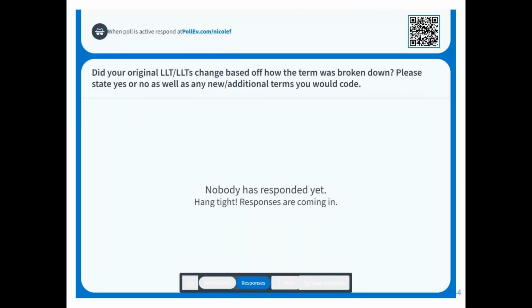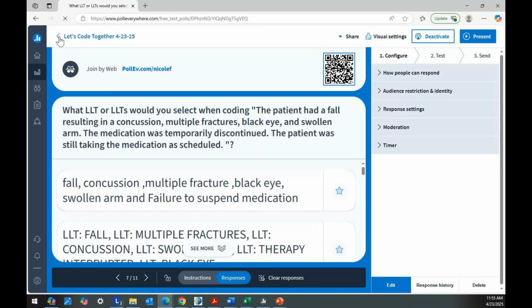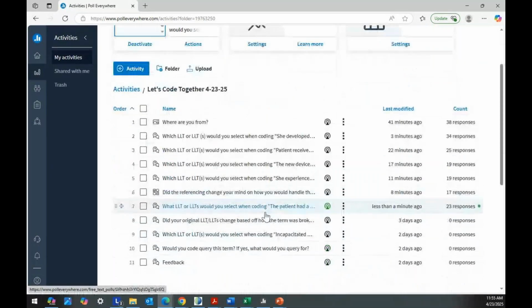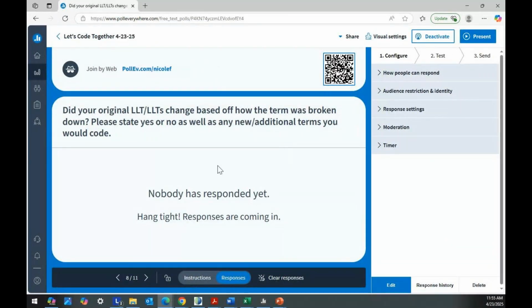So let's see. I'm going to open one more poll while we're still getting lots of good answers. That's great. Okay, so I would like to know, did your original LLTs change based off of how the term was broken down? So state yes or no, just so I have an idea of what people are thinking, as well as if from the term being broken down the way it did you have any additional terms you would like to code now?